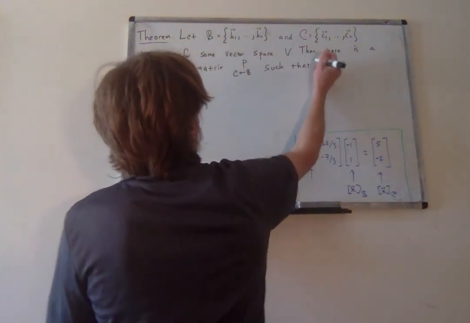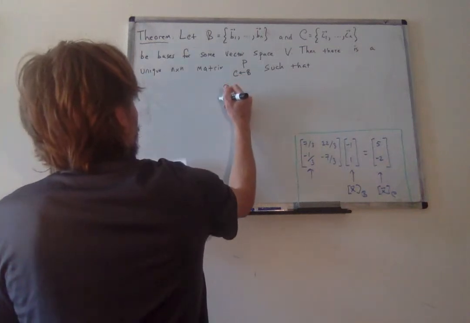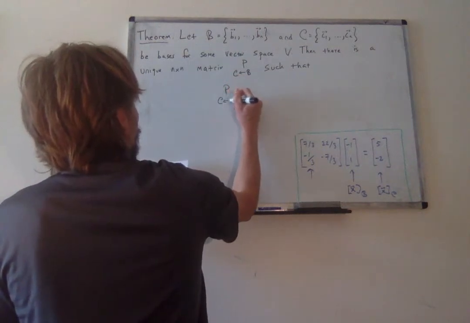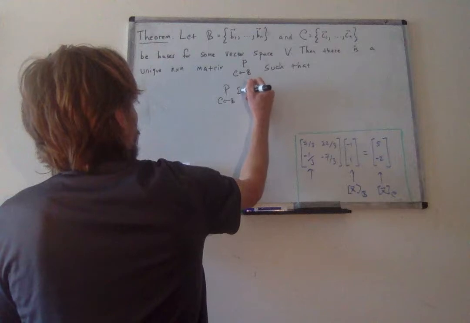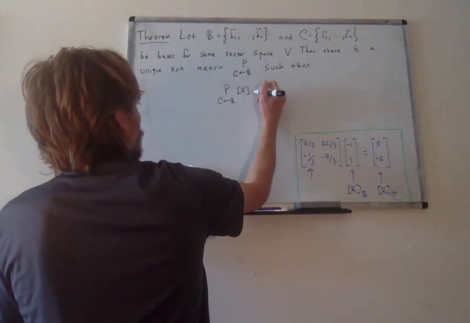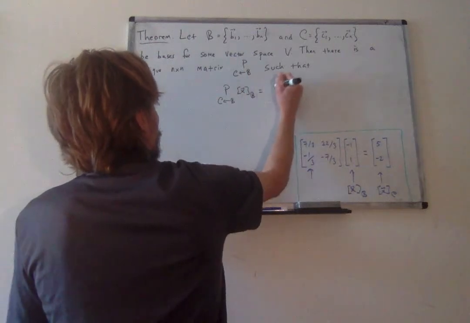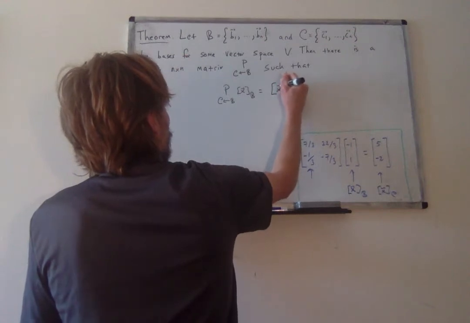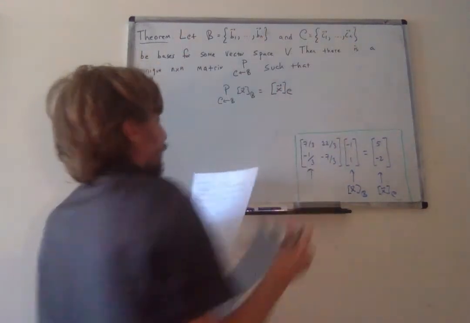Basically this matrix takes the B representation of a vector and gives us the C representation of that same vector.